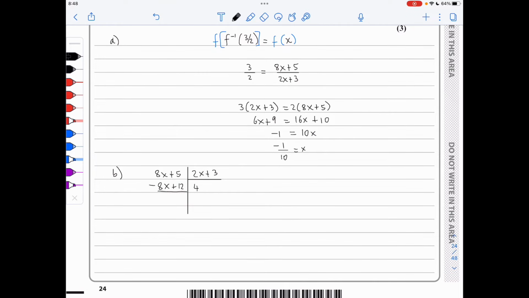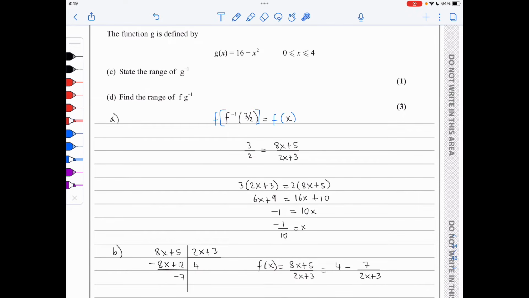I deduct. I see a remainder of negative 7, and therefore we can see that f of x, which was (8x plus 5) over (2x plus 3), can now be written as 4 minus 7 over (2x plus 3).